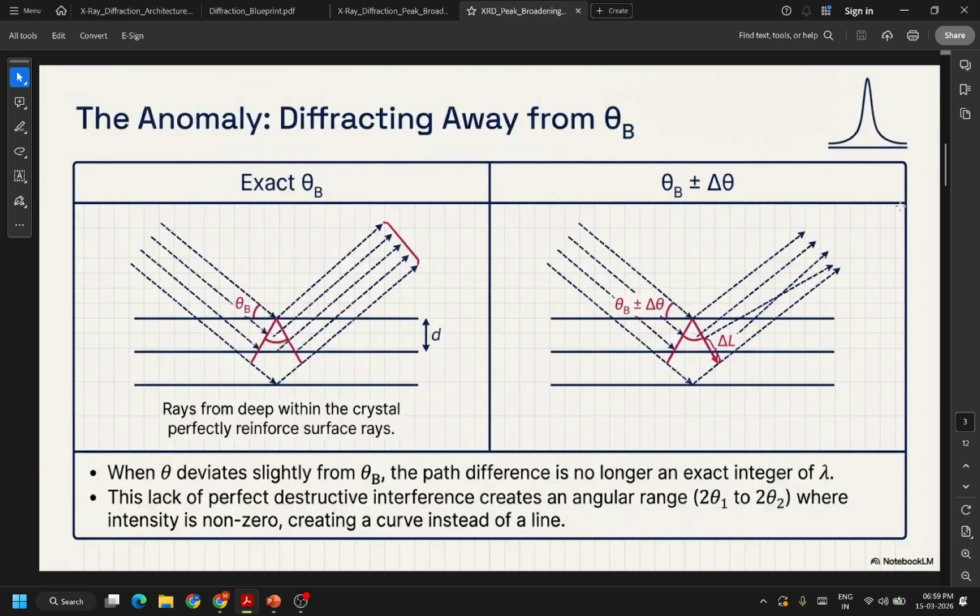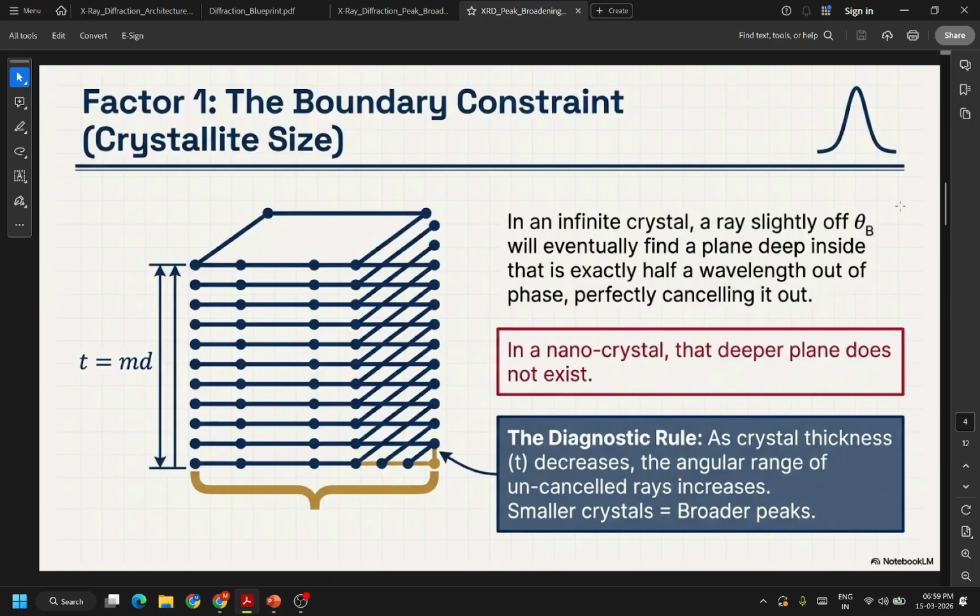But in reality, as we go away from the Bragg angle, there are some surface rays which still result in partial interference and give a signal. So it creates a curve instead of a line.